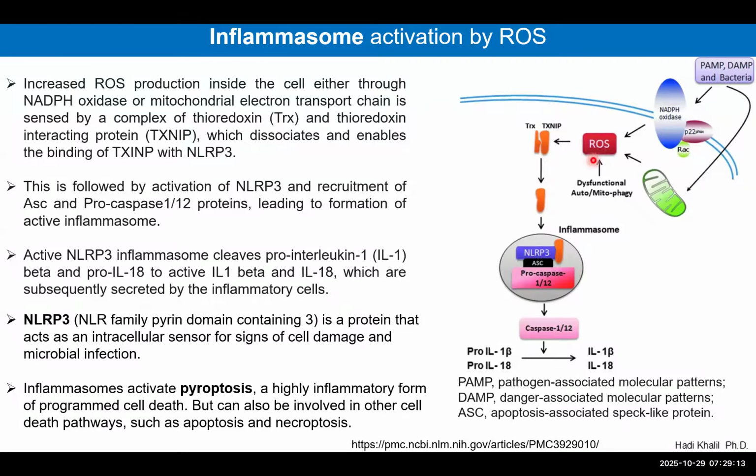Normally this complex is generated and incorporated in the cytoplasm of the cell. When ROS is very high, then this complex is dissociated. And the component TXNIP, the thioredoxin interacting protein, now dissociates away. It happens that this is the last part of the key lock of the inflammasome.